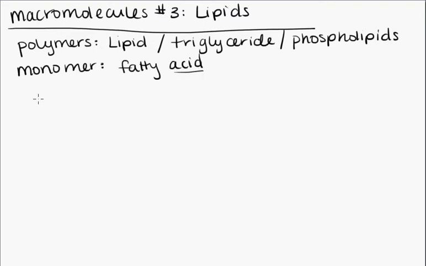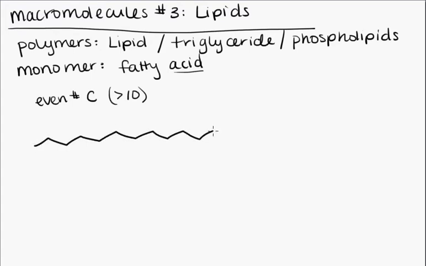So what the fatty acids look like is they have an even number of carbons. They typically have more than 10 carbons in this chain, and at the very end they have an acid group. So 1, 2, 3, 4. So here's 20 carbons long, and here's our acid group on the end.